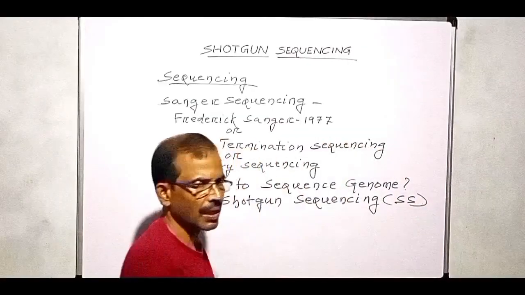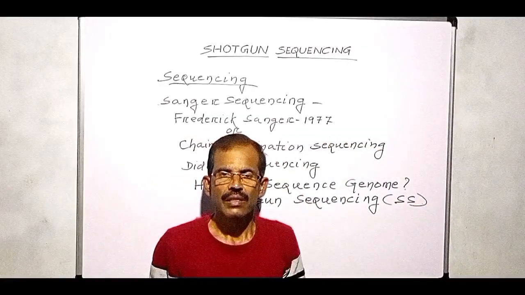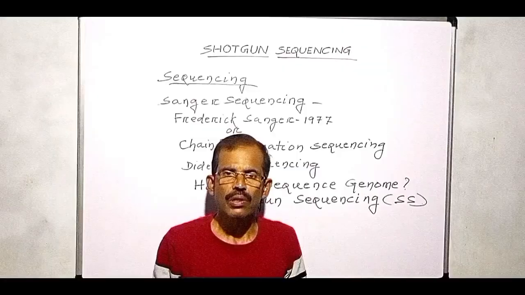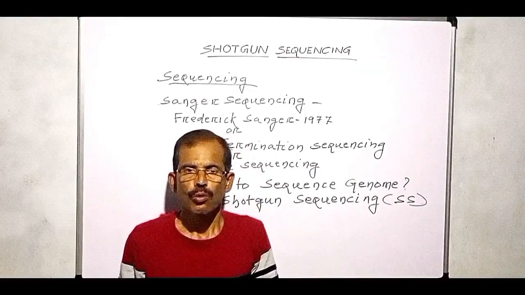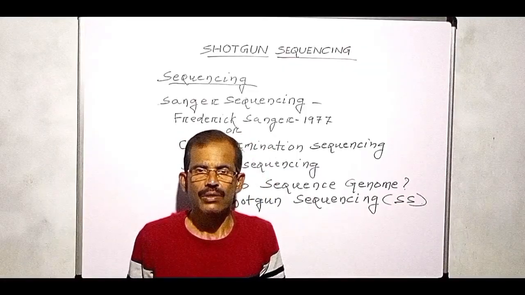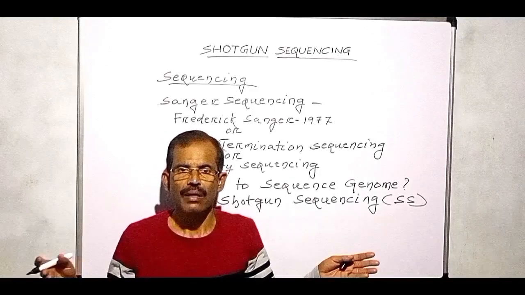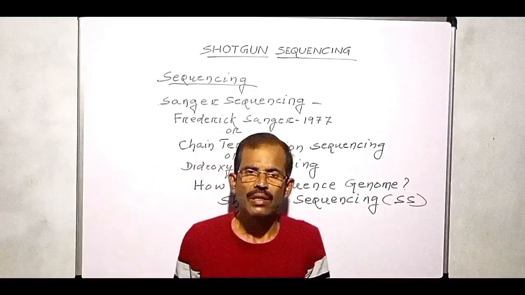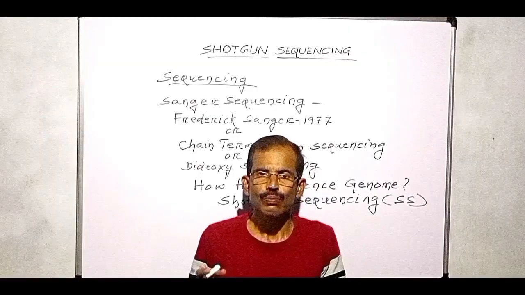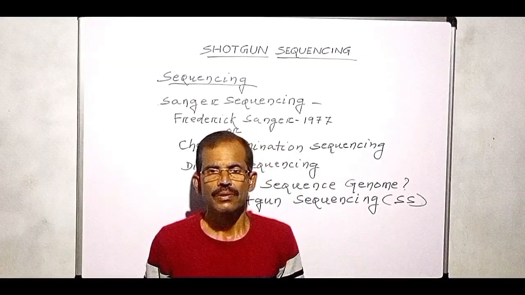Shotgun sequencing is a method that is used to sequence long DNA molecules, chromosomes, and even entire genomes. This technique involves random fragmentation of genomic DNA into many small overlapping fragments.